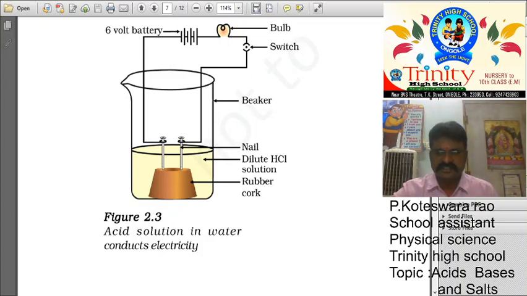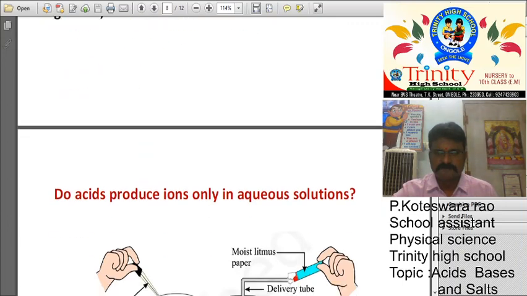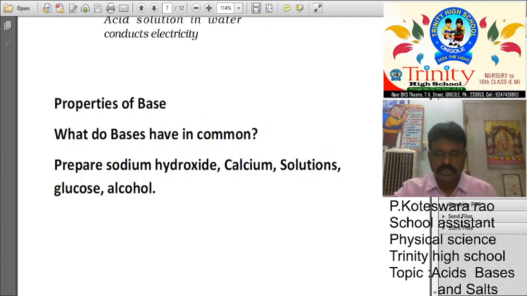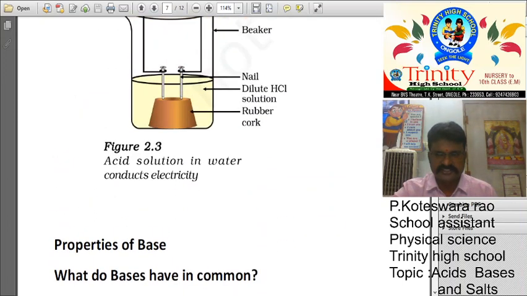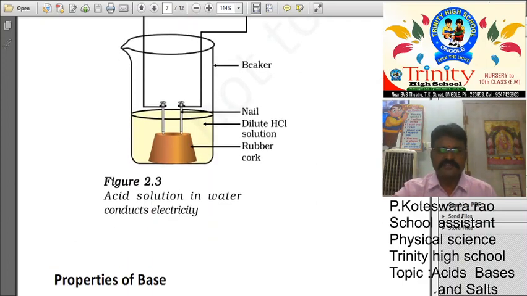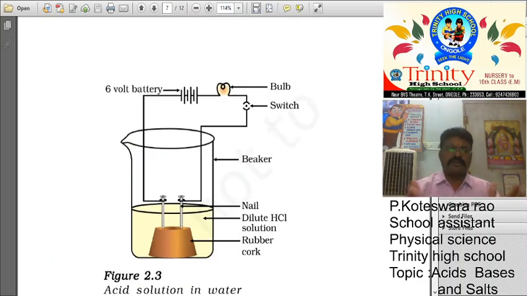The bases are sodium hydroxide, NaOH, and calcium hydroxide, Ca(OH)2. We take these solutions and test them one by one, similar to the above experiment.